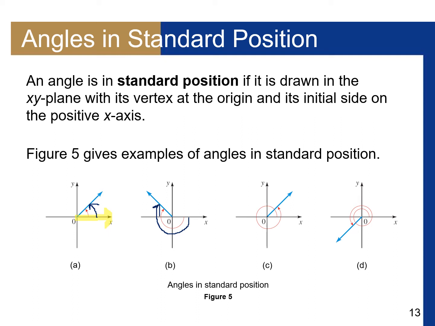We have one starting here and maybe rotating around 360 degrees and then some. Or we might start here and go around 360 degrees and then some this way. These are all angles said to be in standard position when you're measuring them from the positive x-axis.